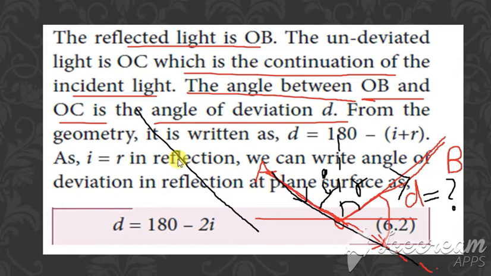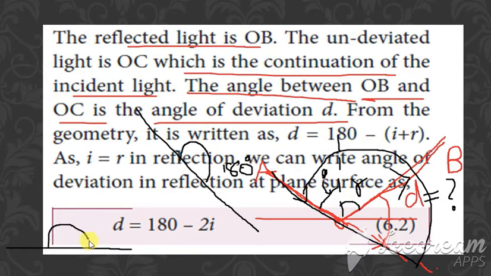Now if there is a line, the full angle on that line is 180 degrees, is it not? Whenever you consider one line, the full angle is 180 degrees. Same way here also, this full angle is 180 degrees. We need the value of this, so what we can do is take this full value minus this value.